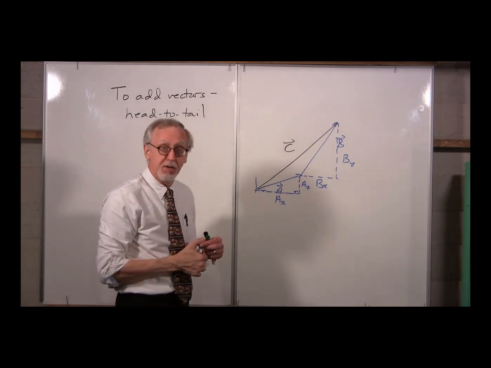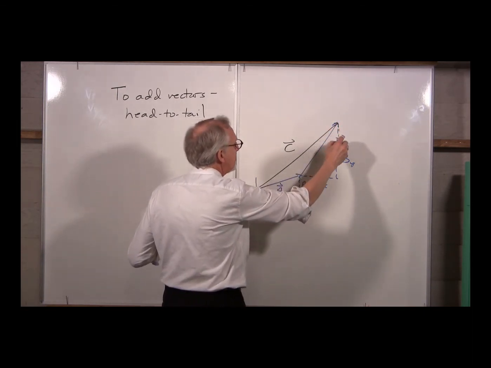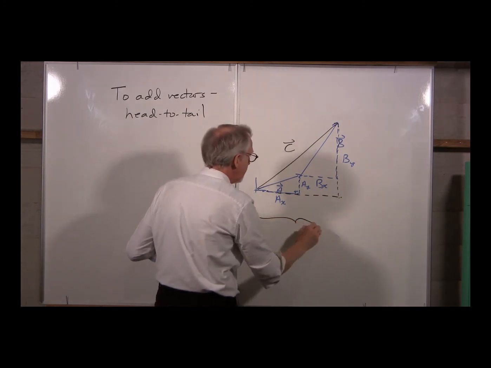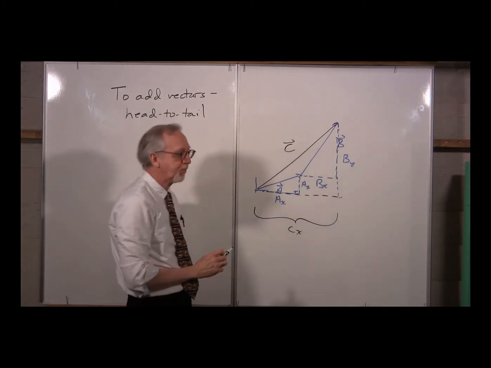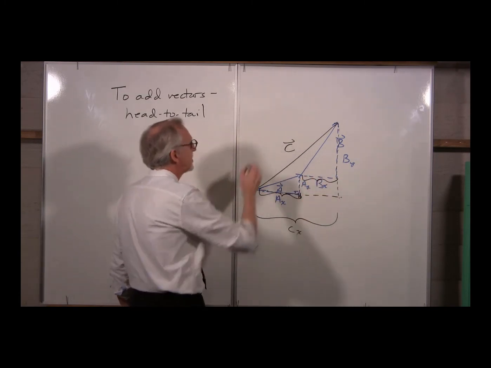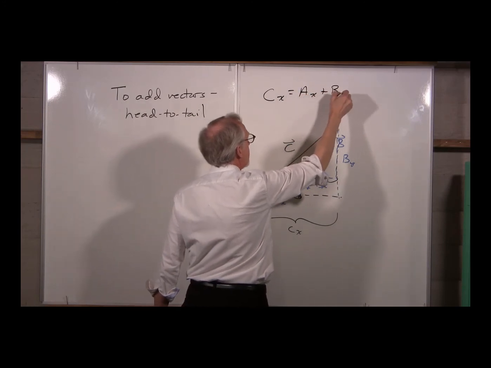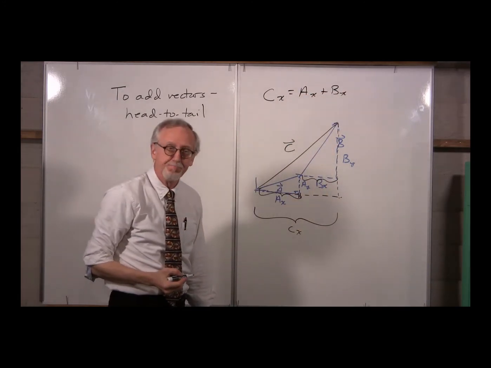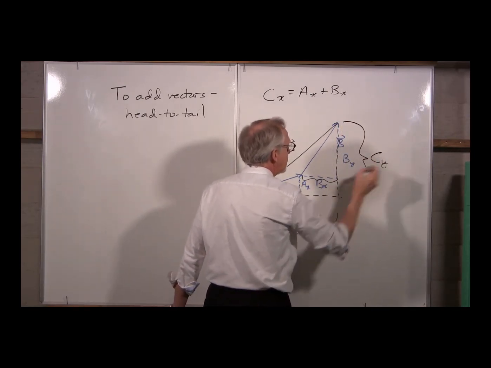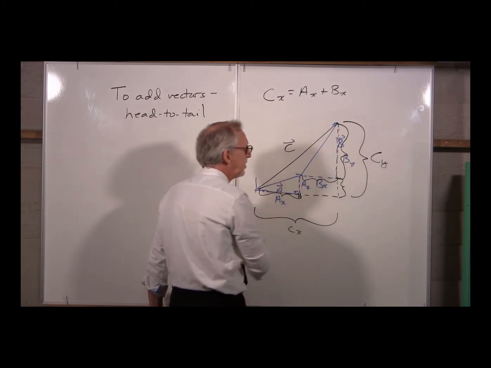But then, what do we notice? We notice that the x component of C, this length, which is Cx, is equal to Ax plus Bx. So Cx equals Ax plus Bx. And the y component, if that's Cy, Cy is Ay plus By.